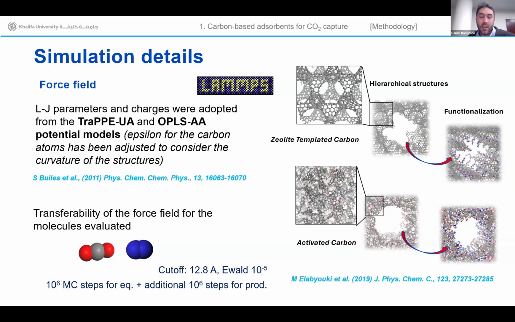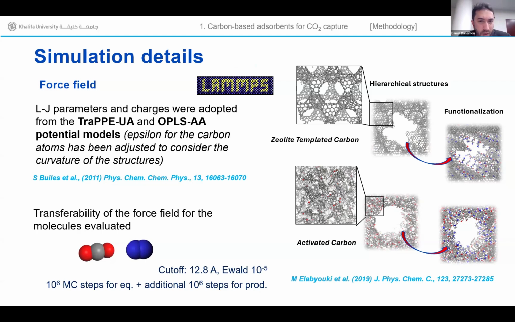Okay, so as I mentioned before, these are Monte Carlo simulations. Now for the force field, basically we need to capture the different interactions between the molecules and the surface. The molecules in this case, CO2 and nitrogen, were modeled using the TraPPE force field.